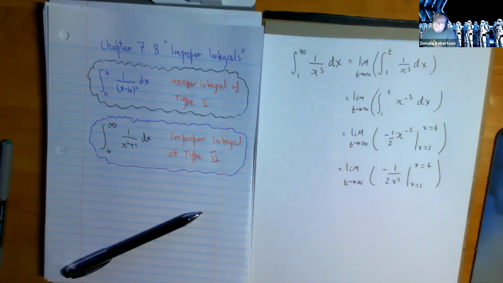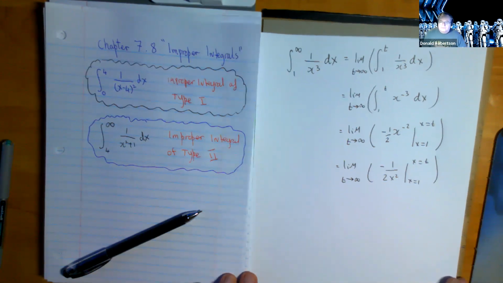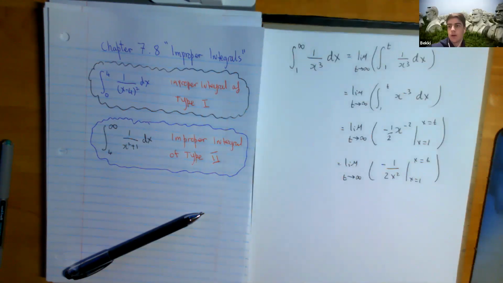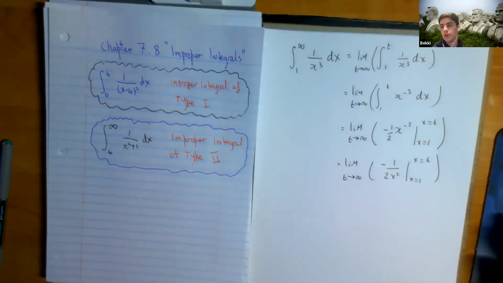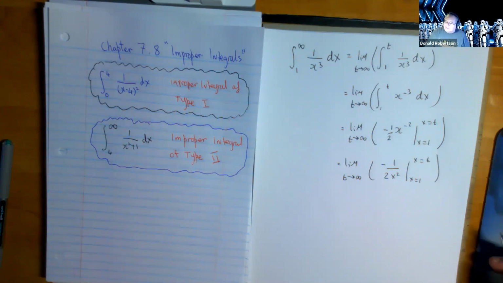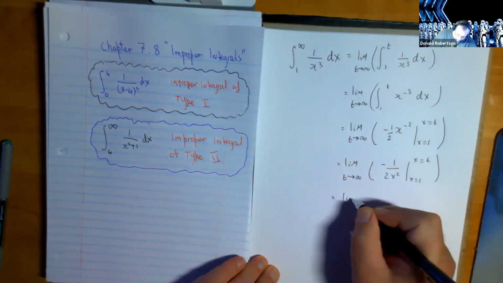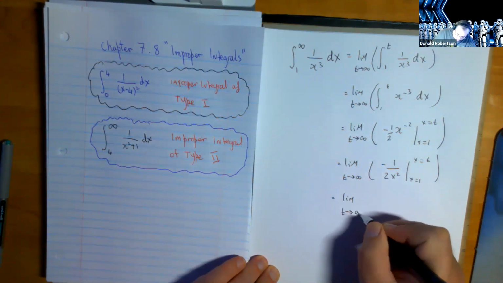What's the advantage? Any ideas? It's easier to calculate with. Yeah, that's pretty much it. Isn't it easier to get 1 over 4 squared than trying to figure out what 4 to the power of negative 2 is as an exact value? So typically, that's a good process to do.